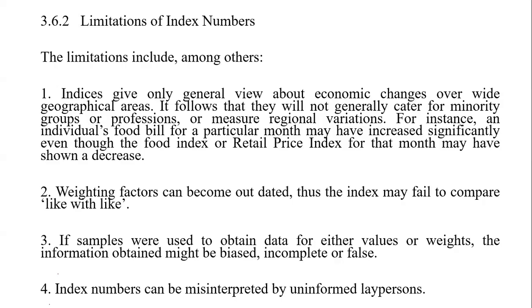The people you are interviewing have no idea. They are lay persons. They have no idea about what you are talking about. So all the information you get from them is uninformed information. You can't use this for any proper thing. It is wrong. So the index numbers can be misinterpreted by uninformed lay persons.